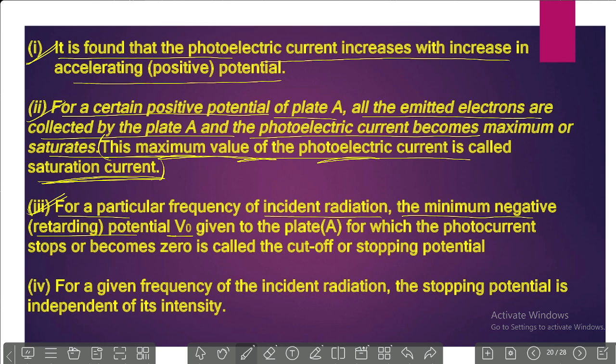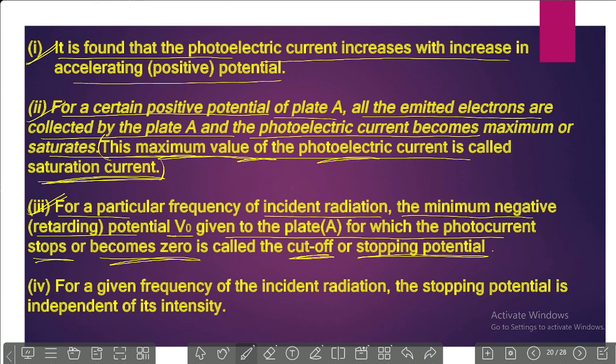The electron wants to move in the forward direction, but it is made to move in the backward direction. So that's the retarding potential given to the plate for which photocurrent stops or becomes zero. So a minimum negative potential for which photocurrent becomes zero is called cutoff or stopping potential.